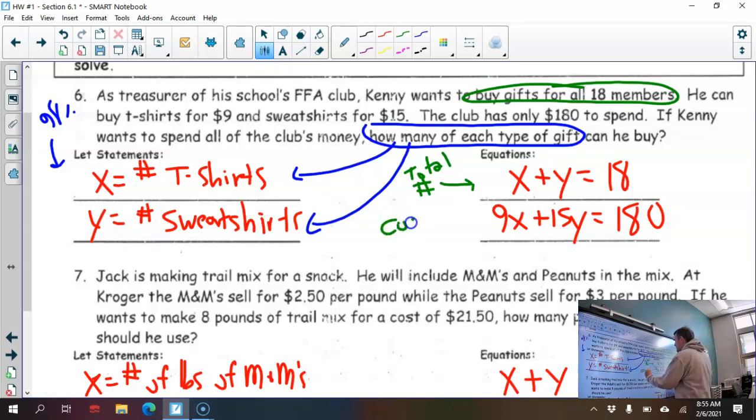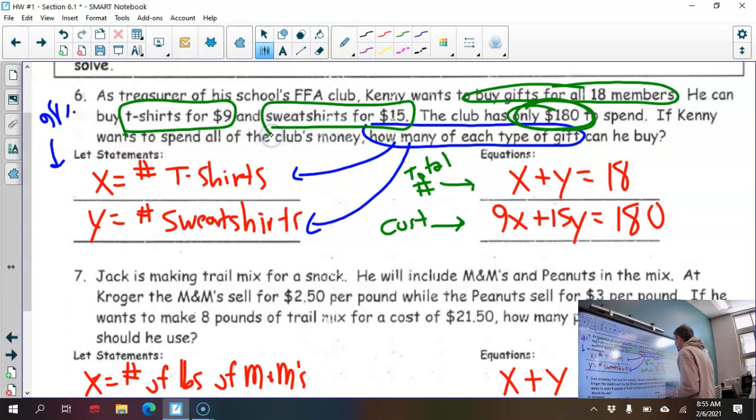And very often, the other equation has to do with the cost. I know that he has $180 to spend, and I know t-shirts are $9 and sweatshirts are $15. So 9x would represent the total cost for the t-shirts, right? $9 for each t-shirt, and I'm buying x t-shirts. 9 times x would be the total cost of all the t-shirts.